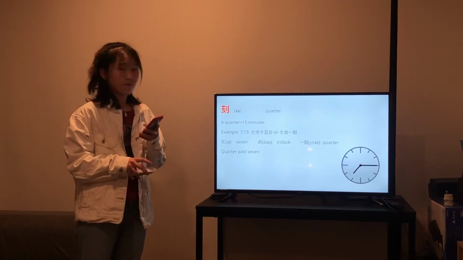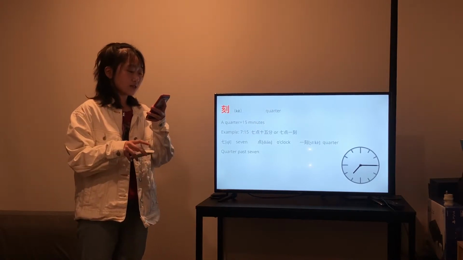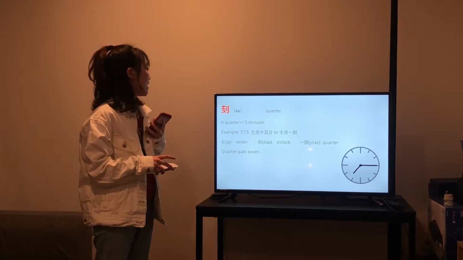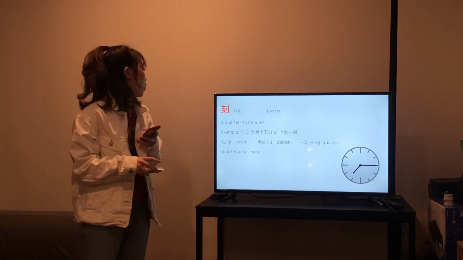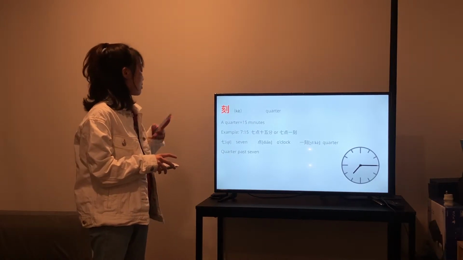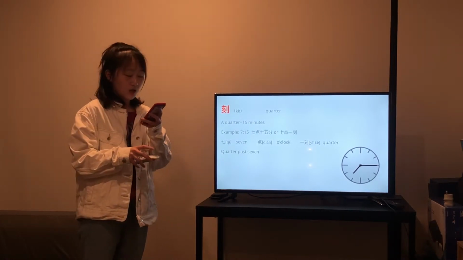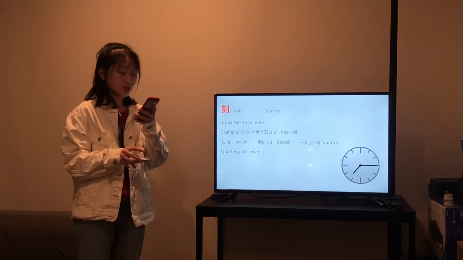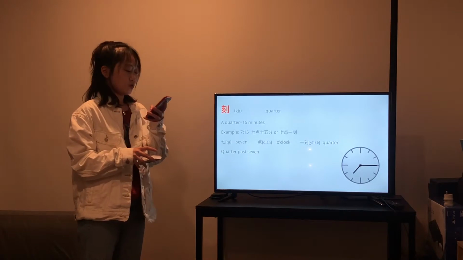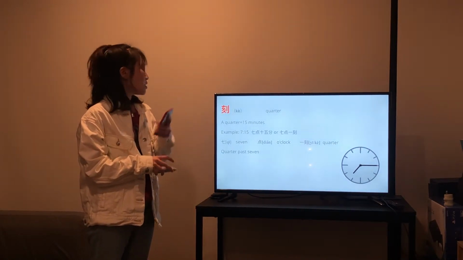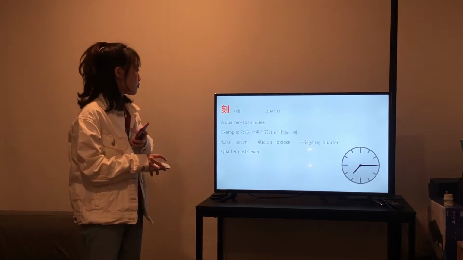Now when it is 15 minutes past the hour, just like how in English some people, instead of saying 7:15, will say a quarter past 7. In Chinese we say 7点一刻. 7点, as you know, means 7 o'clock, and 一刻 means a quarter.